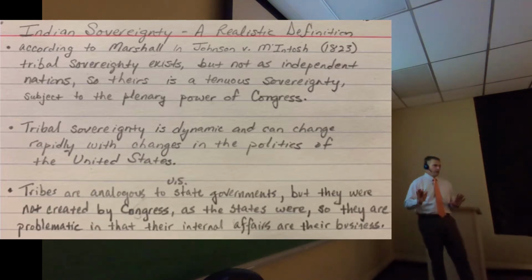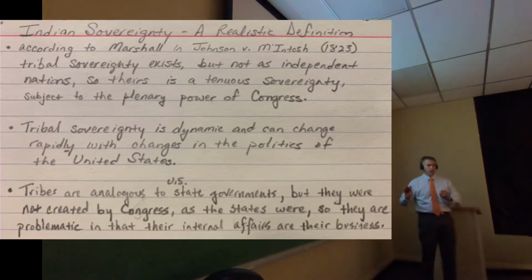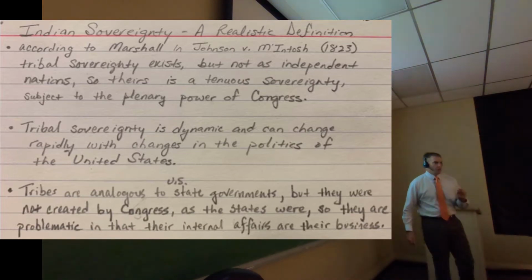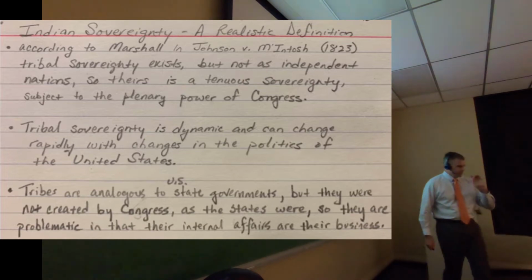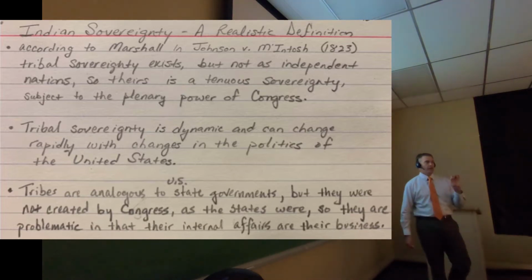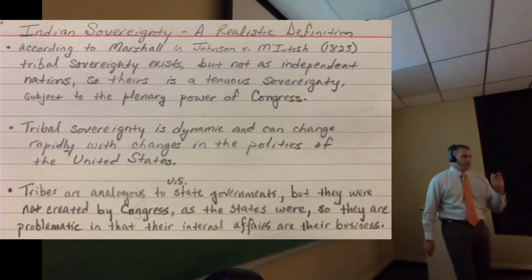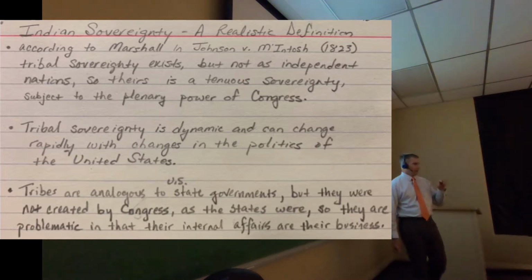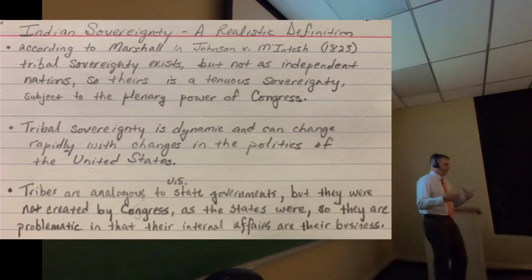Those are really important federal prerogatives. Indian tribes, because they're not territorial, may have territory, they may claim territory, but not all of them do. Because they're not territorial entities, they can grow, they can change, they're dynamic.